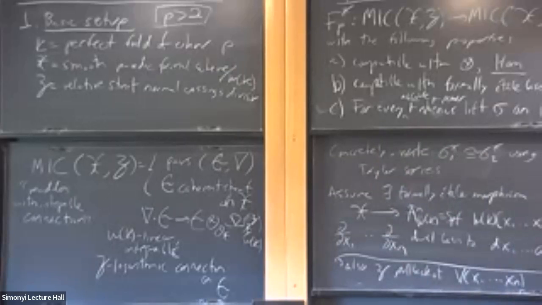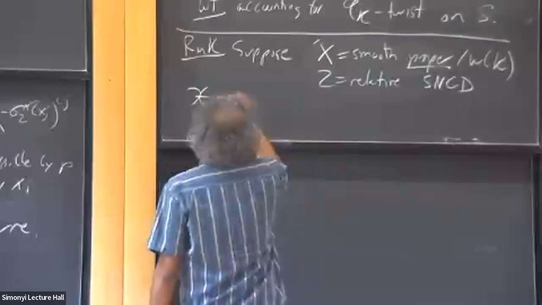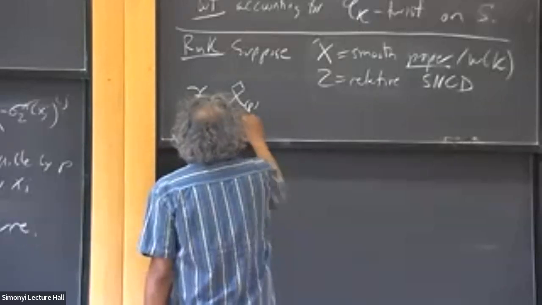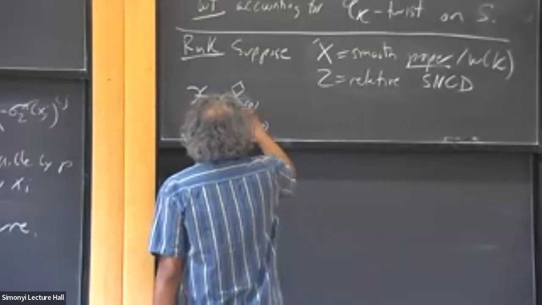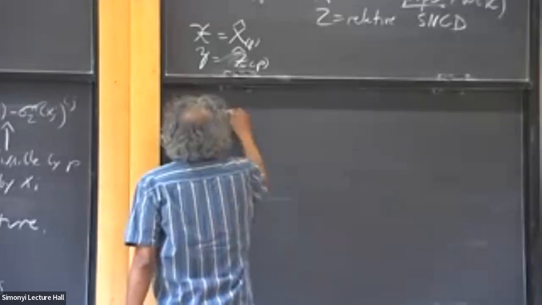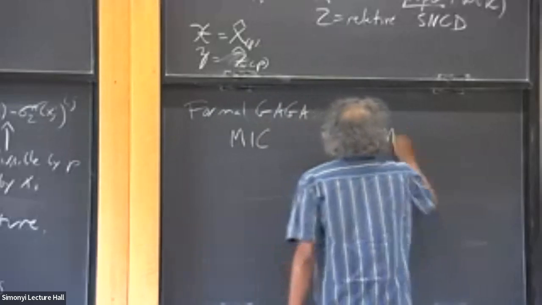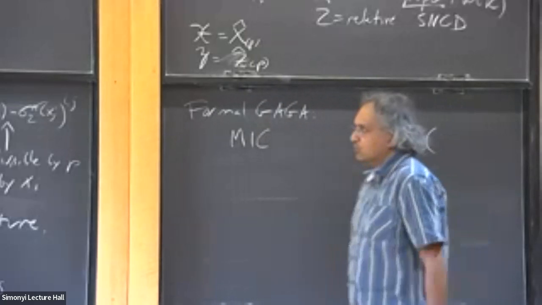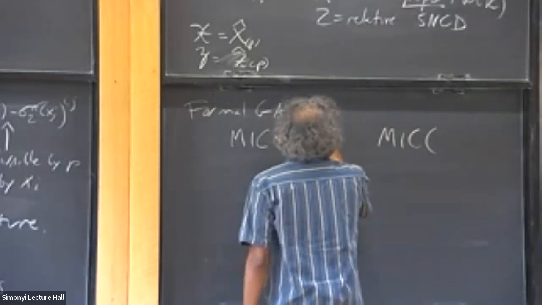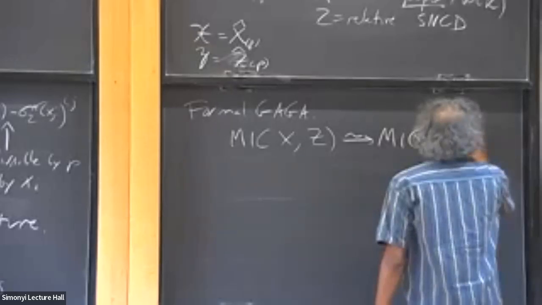Okay, so now I'm going to assume that these things are just the p-adic completions of curly X and curly Z. Now the formal GAGA theorem says that if I define the family of connections, modules with integrable connections, in the analogous way on (X, Z), then this is equivalent to doing it on here.